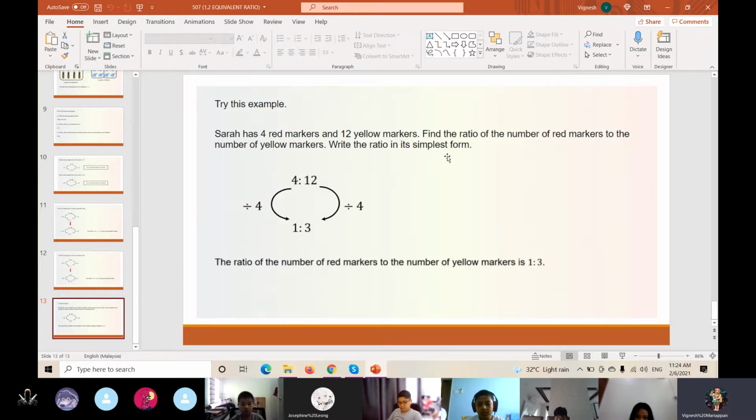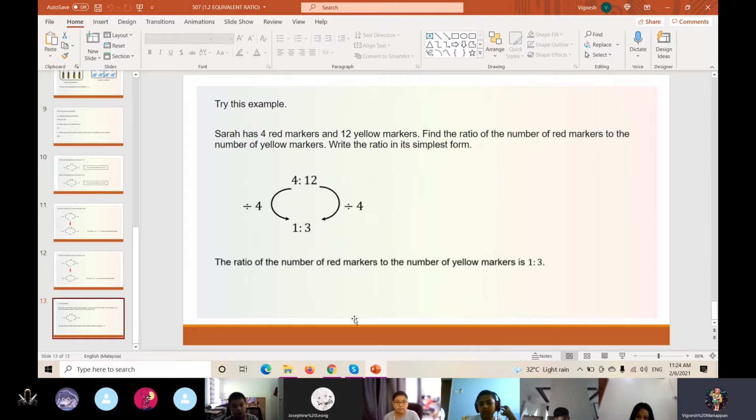Yes, teacher. So you can use 4 for both. 4 divided by 4 is equal to 1. 12 divided by 4 is equal to 3. So the ratio of the number of red markers to the number of yellow markers is 1 to 3. Understand?